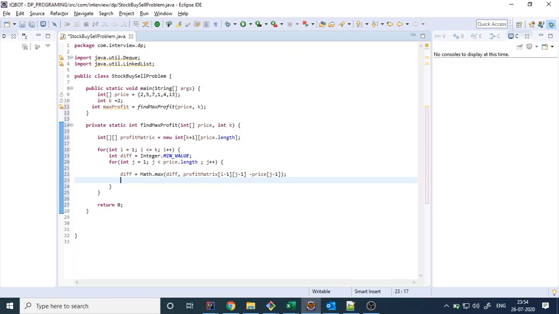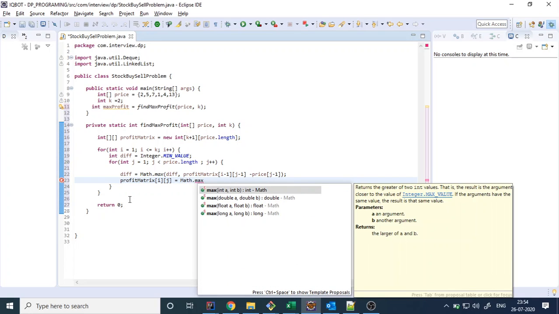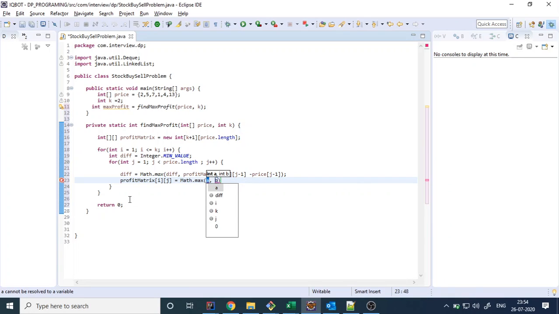Now the profit matrix, I have to identify the profit matrix. So it will always be profit matrix of i, j. Math dot max: first we take profit matrix of i in the same row, the previous transaction value, right?